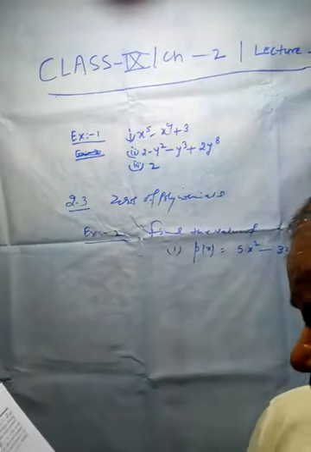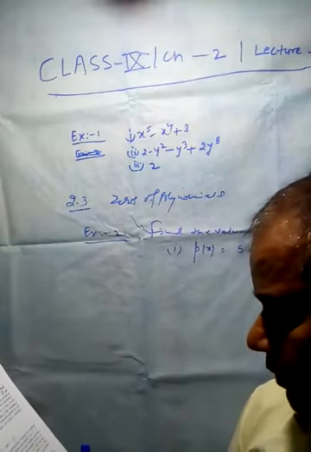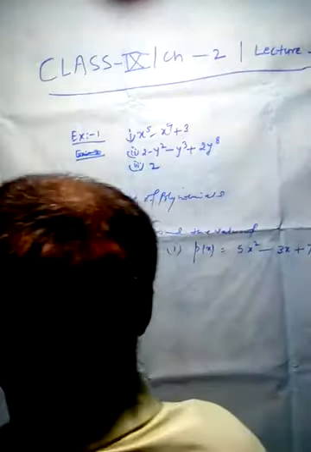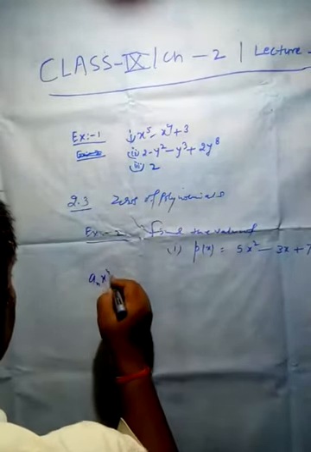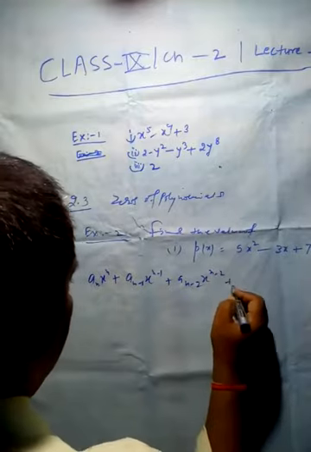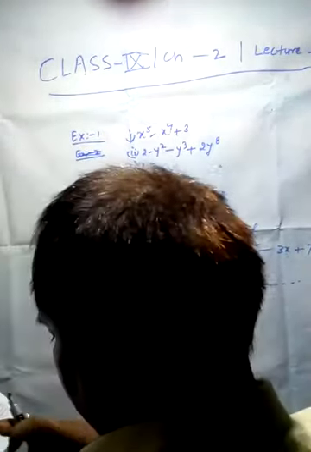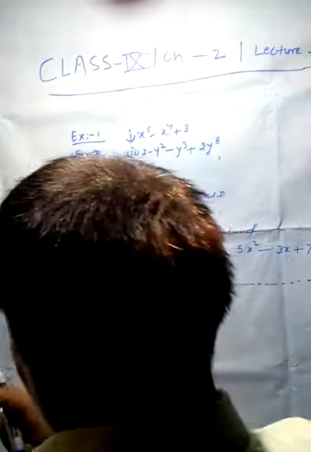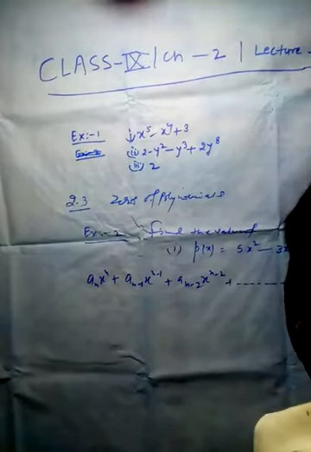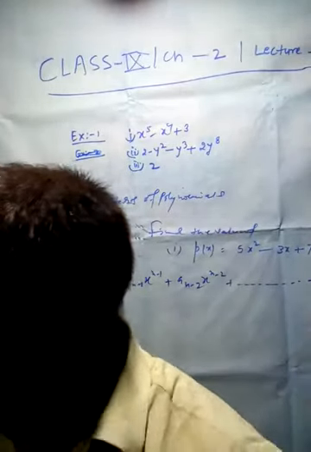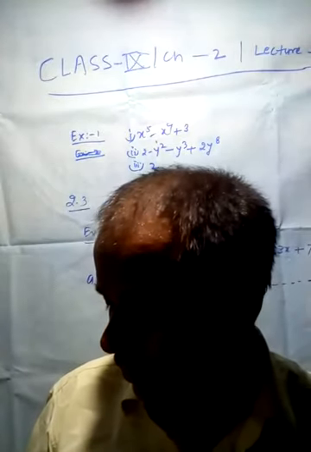A polynomial in one variable x of degree n is an expression of the form a_n x^n plus a_(n-1) x^(n-1) plus a_(n-2) x^(n-2) plus dot dot dot plus a_1 x plus, ultimately, a_0, because x to the power 0 means 1. Here a_0, a_1, a_2, a_3 up to a_n are constants and a_n is not equal to 0.